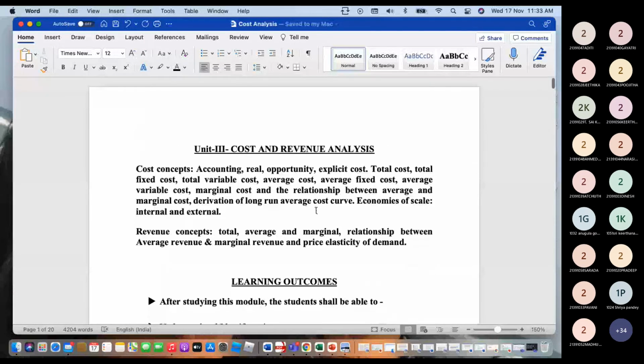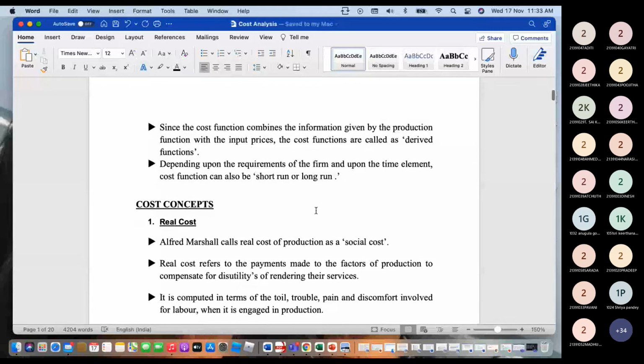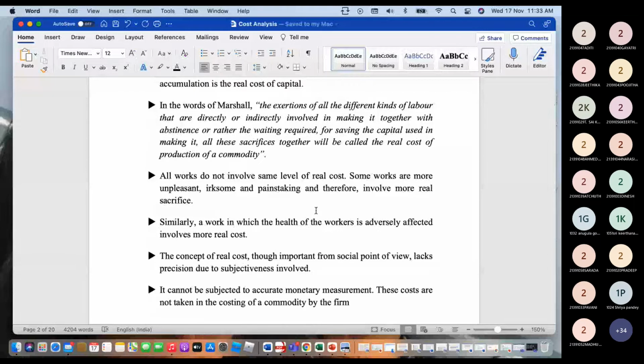I did not do it in the beginning because I wanted to do the cost function first, since it involved the graphs and the table. So we are left with the different cost concepts which are used. We will take that small theoretical part tomorrow, and if time permits, we will continue with the next chapter, on the economies and diseconomies of scale.